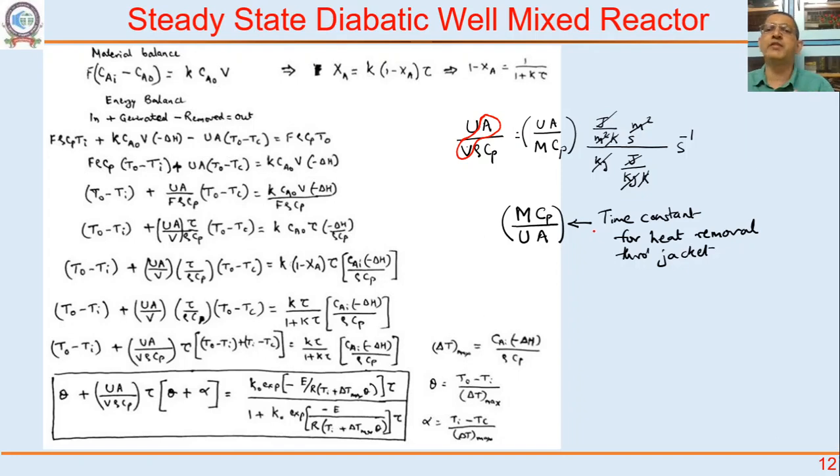It responds very fast. Why? Because area per unit volume, or area per unit mass if you like, is large. So small reactors, laboratory reactors will be able to transfer heat fast because surface area per unit volume is high. Real life plant scale reactors have less surface area per unit volume or per unit mass. They are not as able to take out the heat.